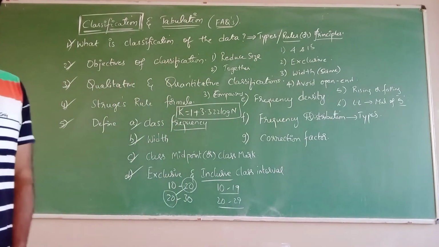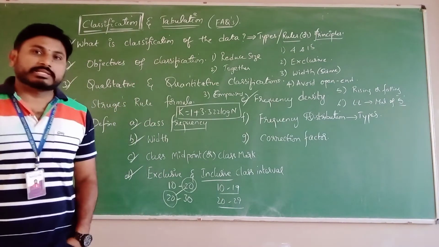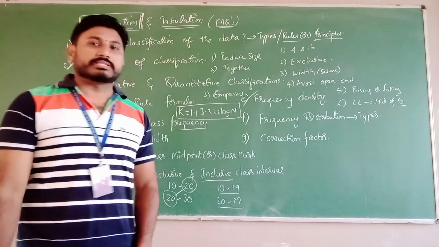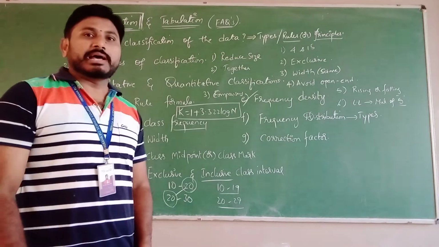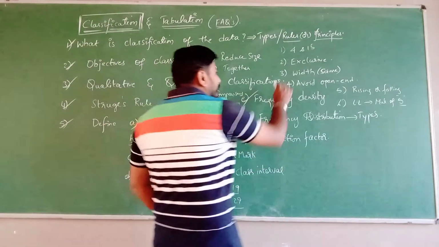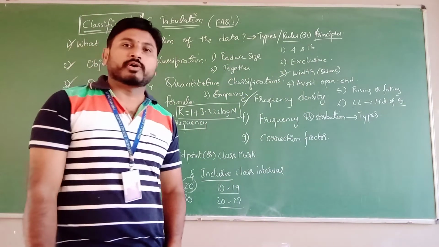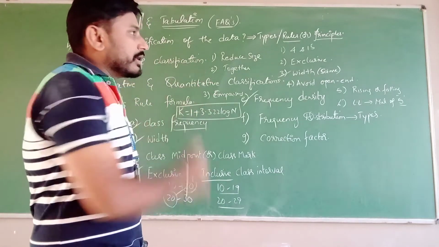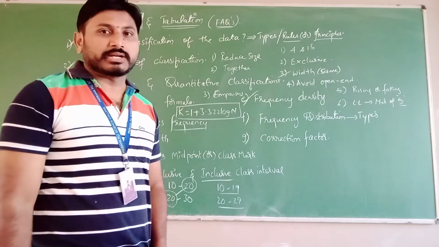Next, coming to frequency density. What do you mean by frequency density? When do we apply it? Frequency density is applied whenever we have unequal widths. As we said, classification should have the same width. Whenever you are classifying or grouping any data, the same width has to be kept throughout, isn't it?